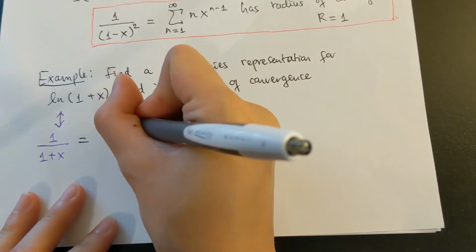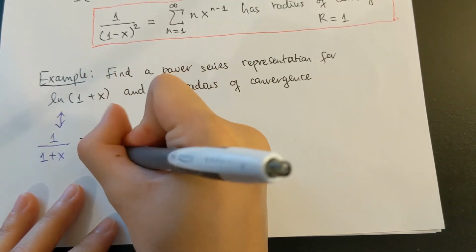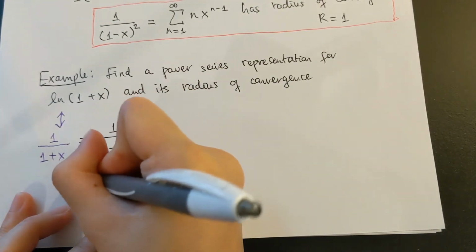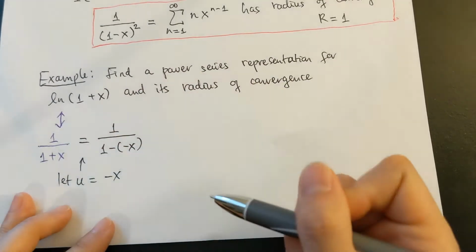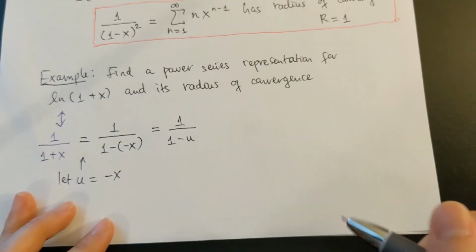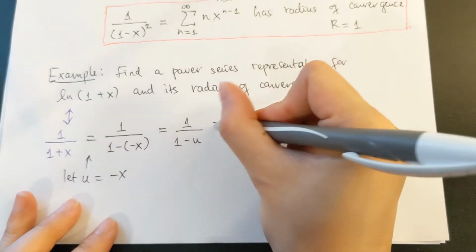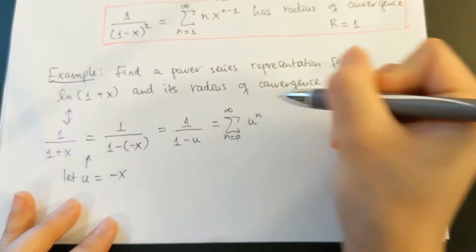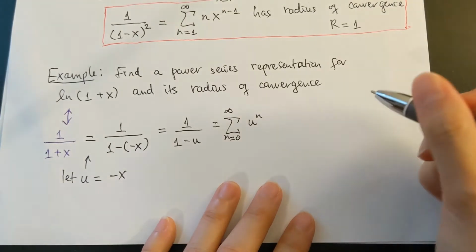So this function is, okay, so here I'll let u be minus x. Okay, so this become 1 minus u. So this is the series u to the n.